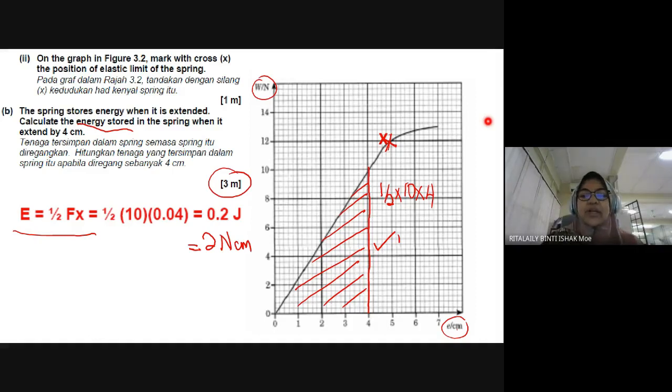Awak extrapolate daripada 4 pergi ke graph, dan lorek-lorekkan. So that is the first mark. The second mark is substitution, and lastly is your answer. 3 markah.